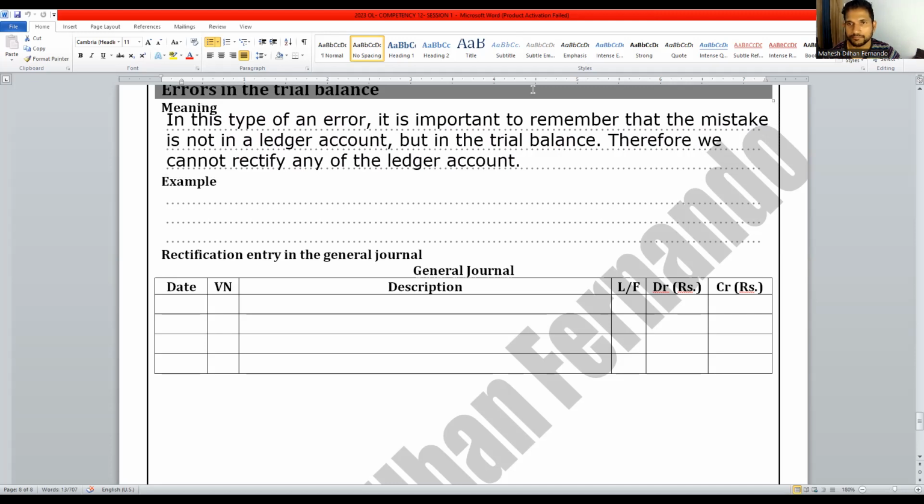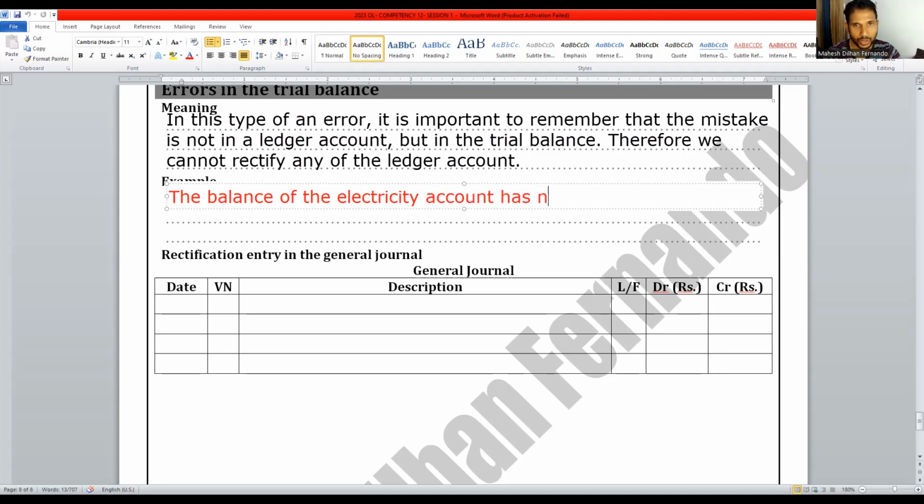Okay, let's write down an example. Example: the balance of the electricity account has not been recorded in the trial balance.